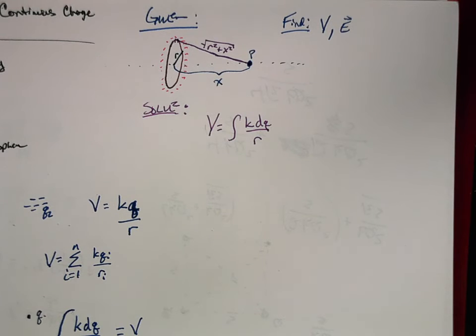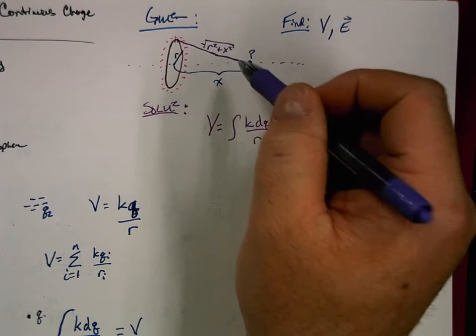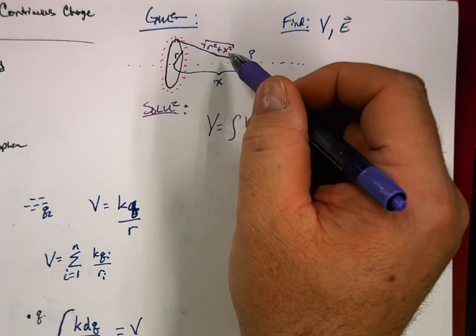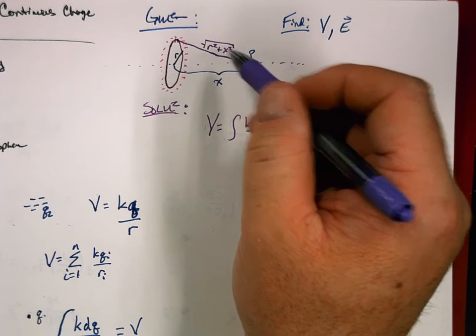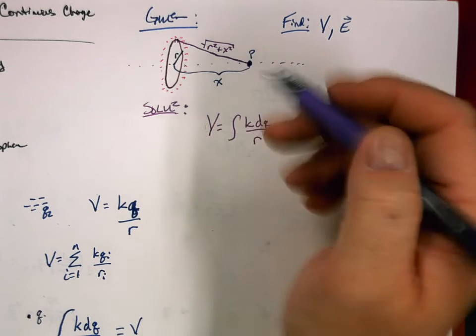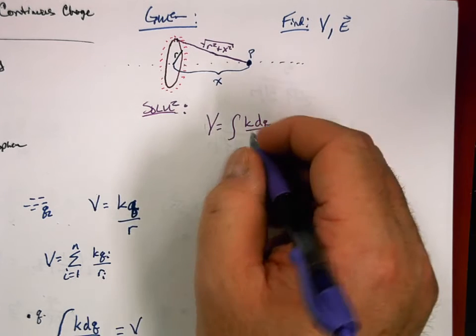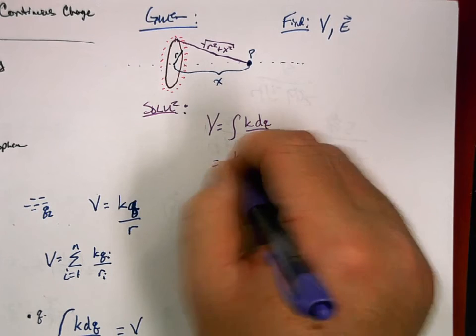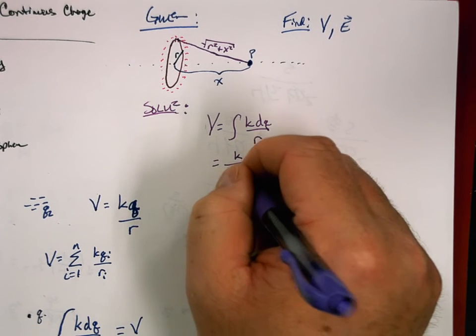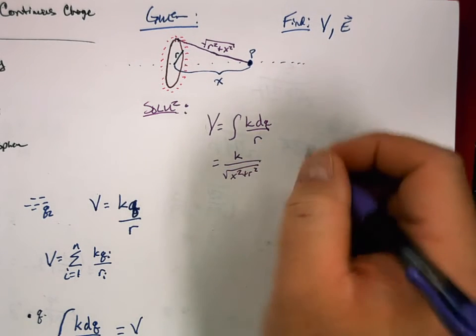This is nice because this never changes, right? x squared plus r squared is constant as we go around the circle. So this is going to equal k over the square root of x squared plus r squared.